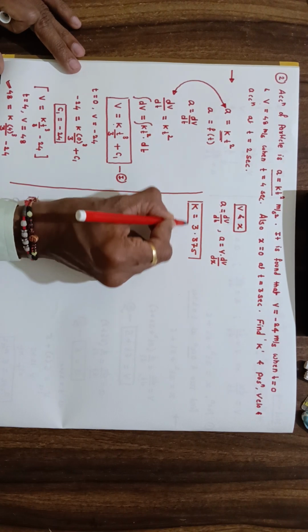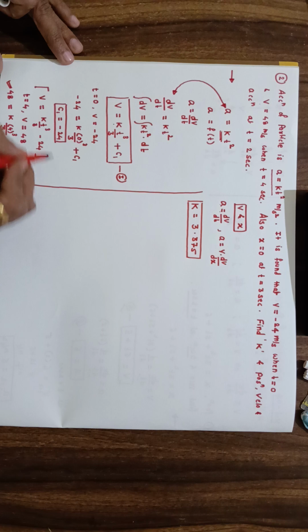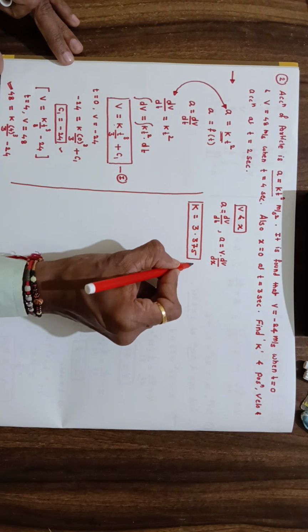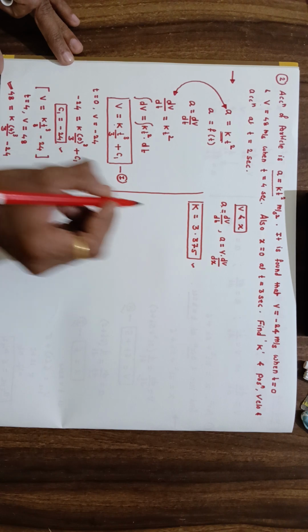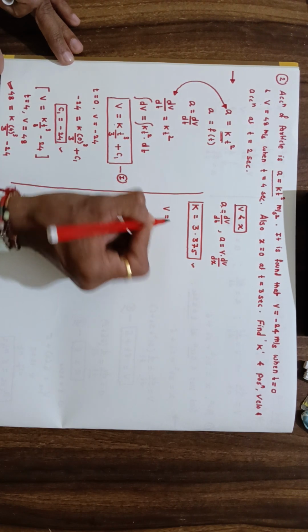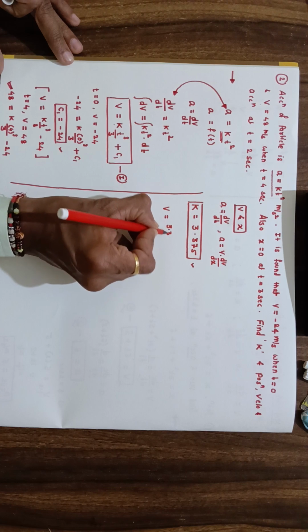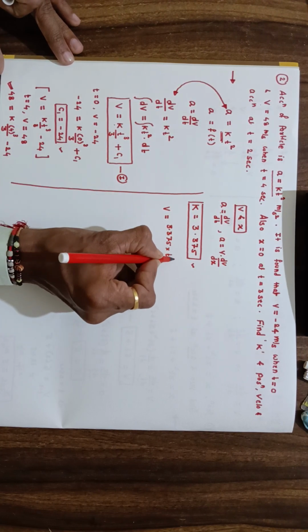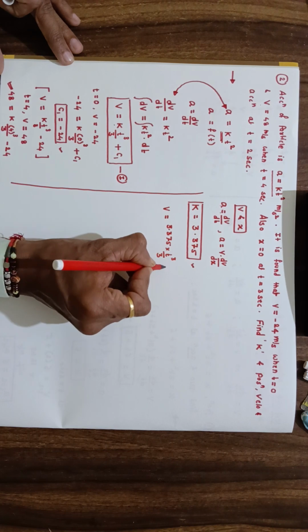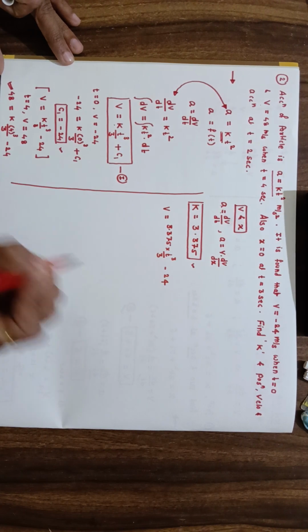Okay, now put the value of c1 and the value of k in the equation 1, that is the basic equation of velocity. So v equal to k is 3.375 into t cube upon 3 minus c1 is 24.